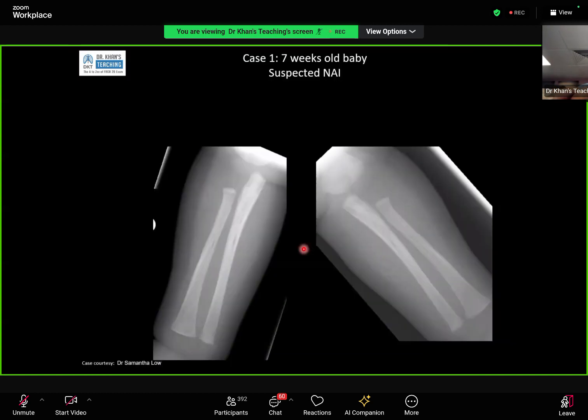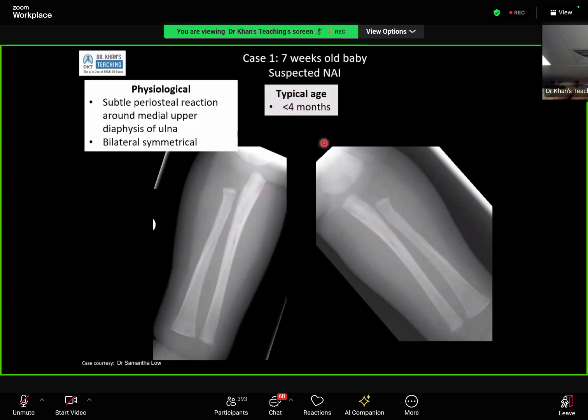So quickly, let's see this. This is the finding in NAI, where you can see this single lamina along the ulna, and classically, of course, there can be other bones also, but in this example, there is ulna.